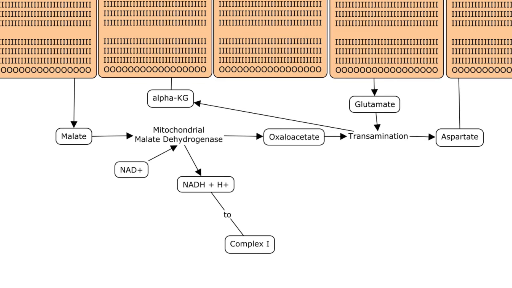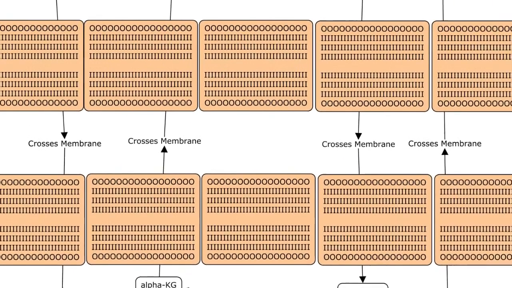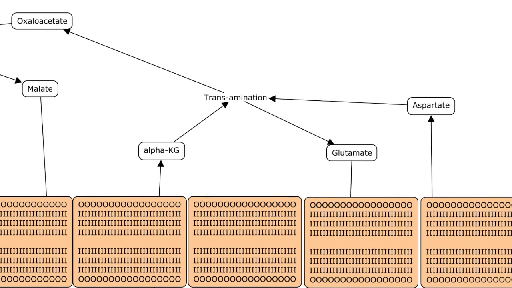I'm guessing the oxaloacetate can't cross the membrane. That's the only thing I can really think of, because we see it in the mitochondria and we see it in the cytosol, but we don't ever see it making a crossing. So our aspartate's going to go back across the membrane. Again, we've got another transamination reaction. Aspartate's going to go back to oxaloacetate, and alpha ketoglutarate is going to go back to glutamate, which again you saw was crossing the other direction of the membrane as the aspartate was.